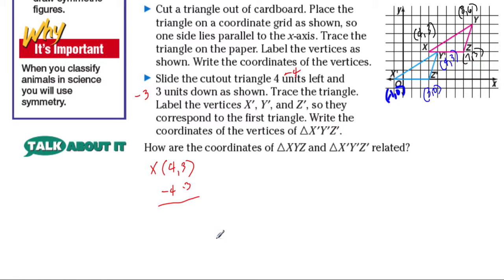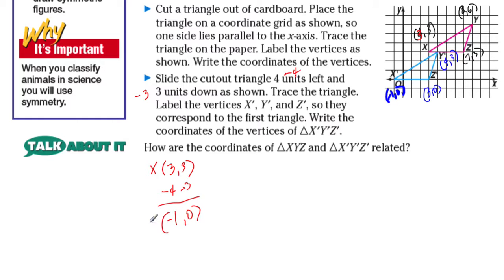Sorry, my x is 1, 2, 3, that's only 3 units, so that's my bad right there. Let me replace that: x is 3, 3. So going back, our x coordinate is 3, 3, and when we moved it 4 units to the left, we subtracted 4, and 3 units down, we subtracted 3. So 3 minus 4 is negative 1, and 3 minus 3 gives you 0.